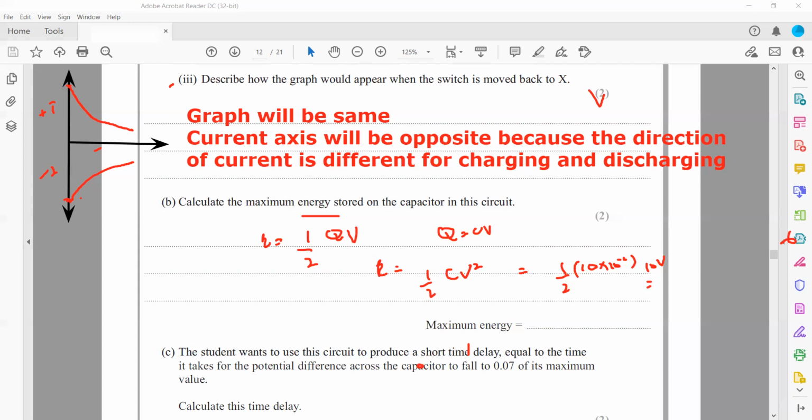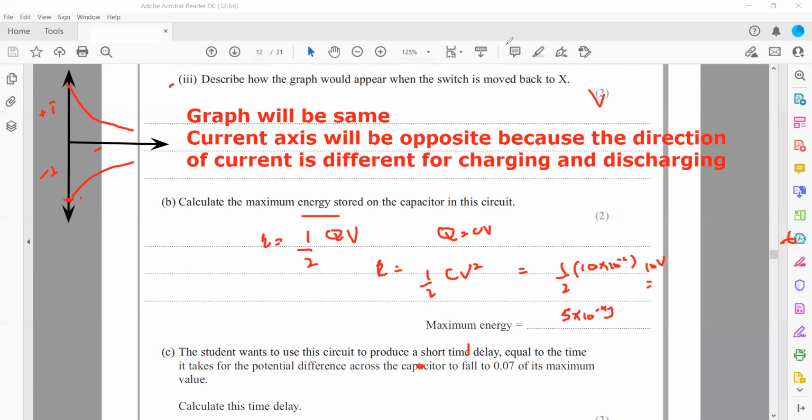As you can see, there's also a fixed resistor present, so there will be some voltage drop across that fixed resistor until the capacitor is fully charged. When the capacitor is fully charged, the voltage of the capacitor will be the same as the voltage of the supply. So that's why we took it as 10. So this will give us 5 into 10 to the power minus 4 joules.